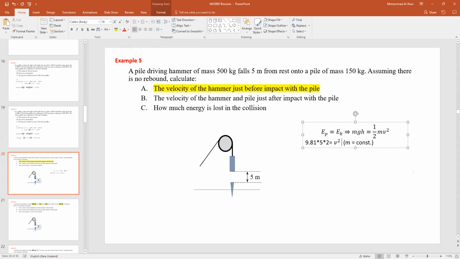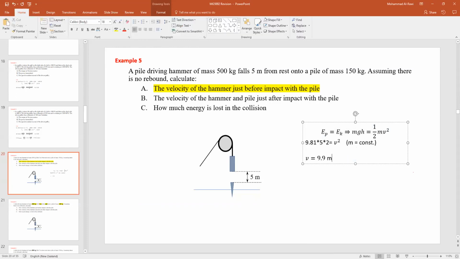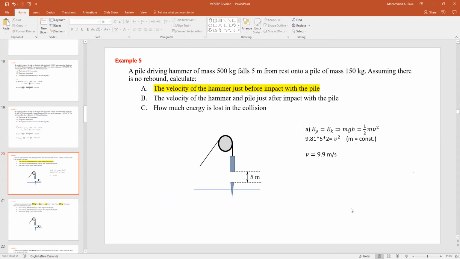All right. Now, taking the square root of V squared, V, that will give you an answer velocity. It's equals to, as many of you guys submitted the answer, 9.9 meters per second. That's the first part of this question. So that's part, if we call it part A. All right? Very easy. Nothing is complicated about it.